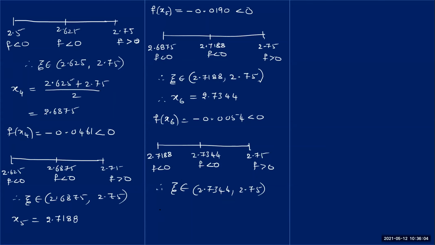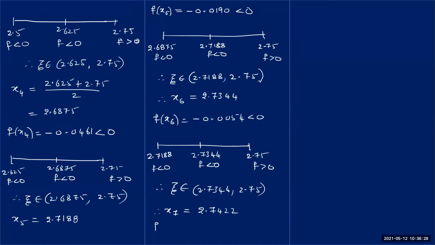After getting this next interval, you can now calculate x7. The next approximation x7, as we know, you can calculate by this: 2.7344 and 2.75. That's how I got x7 as 2.7422.